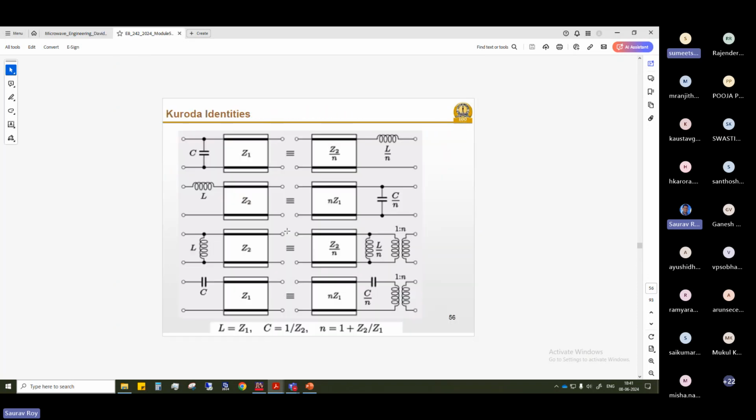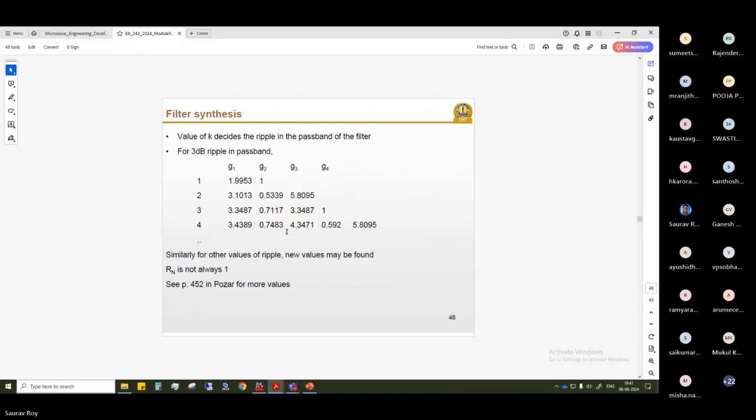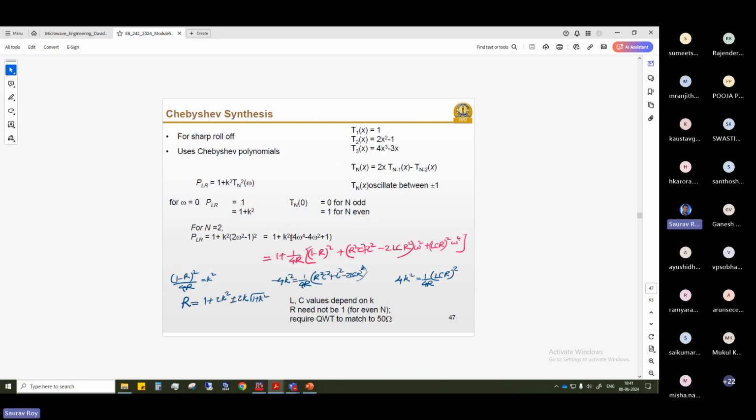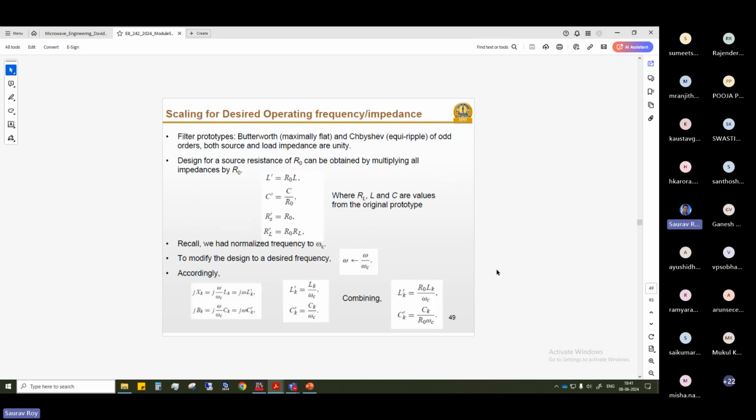If I go to this filter synthesis portion, it shows the table you will get from your book. One is equiripple, another is the maximally flat filter or Butterworth filter, right? For both of them, you will have separate tables. And then the important part is the scaling, which you have to do properly for your given cutoff frequency.